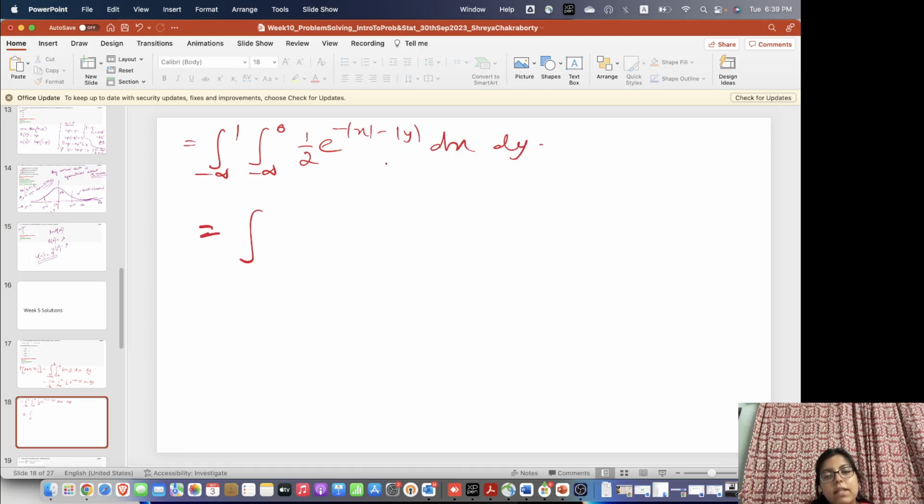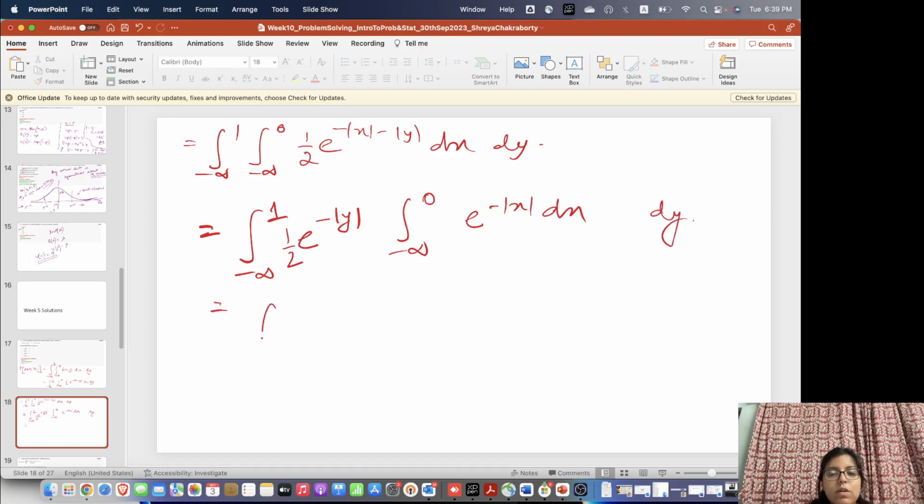So we will take this minus mod y out, minus infinity to 1, half also we will take out, e to the power minus mod y, then minus infinity to 0, e to the power minus mod x dx, then dy. So x is always negative in this range, so mod x is minus x, and negative of negative will be positive.